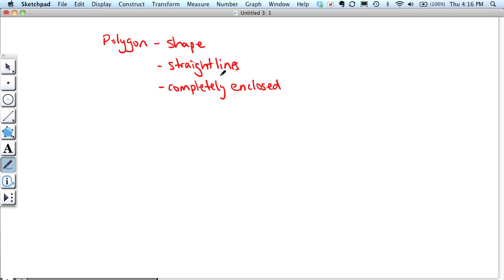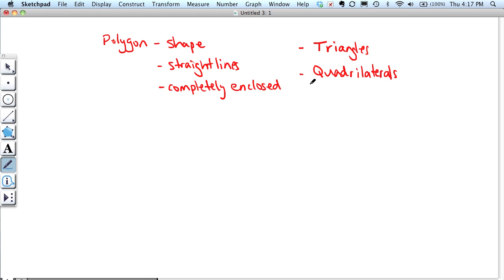The straight lines part means that there's no curves and stuff like that. And so the most basic polygons that you know, of course, are triangles and different types of quadrilaterals. And then we can go up from there and have pentagons and hexagons and heptagons and octagons and so on and so on. But we're going to focus mainly on triangles and quadrilaterals.